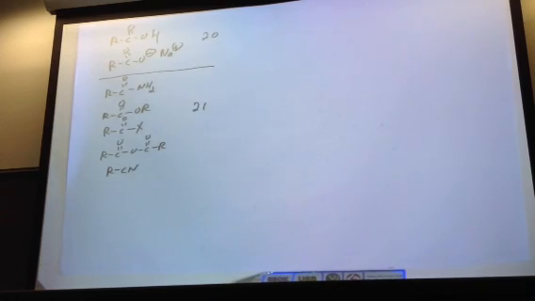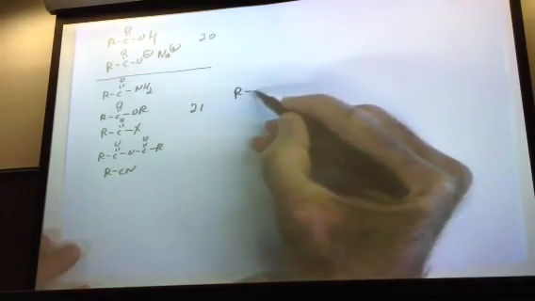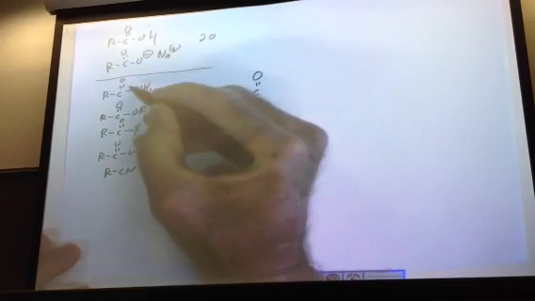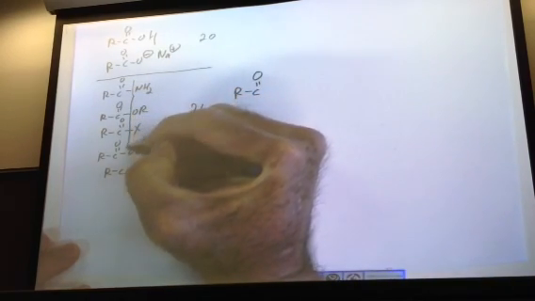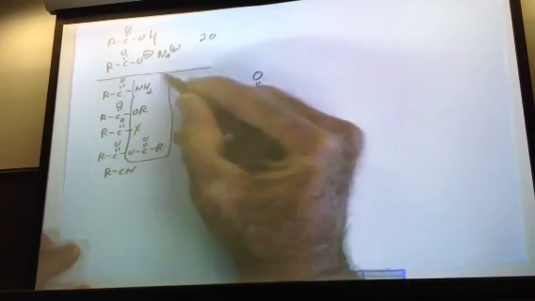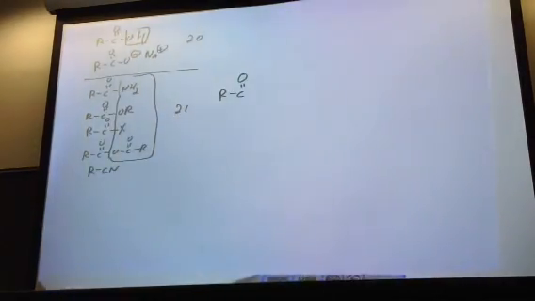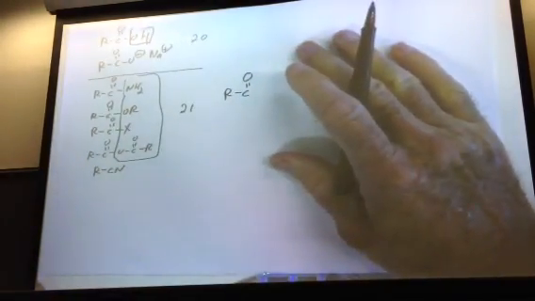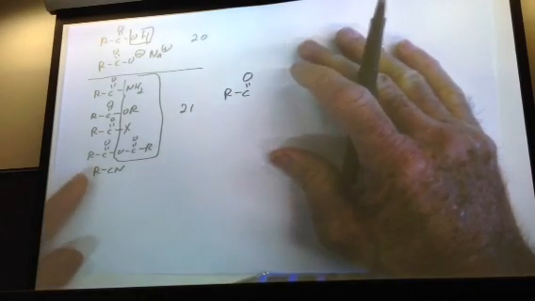Then there's only one mechanism. That's from chapter 21. So make sure you know the mechanism. I'm going to be looking for one of these groups to leave and be replaced with one of the other groups.